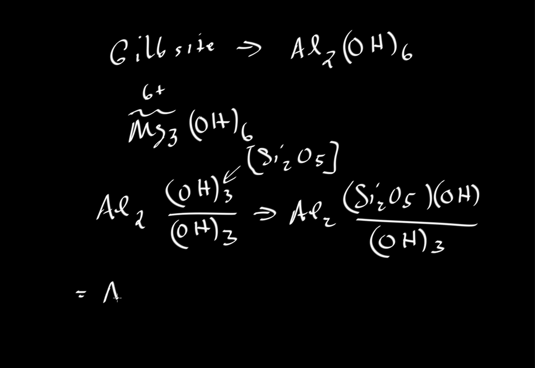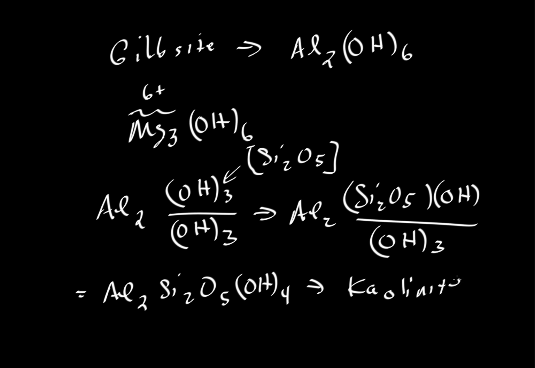If we rewrite that in standard format, we'd have Al2, Si2O5, OH4, and that would be the formula for kaolinite. So kaolinite is another one of these TO-type structures where we have a tetrahedral layer here, and then an octahedral layer down here, and those TO layers would just repeat over and over and over again, bonded to one another by weak van der Waals bonds.